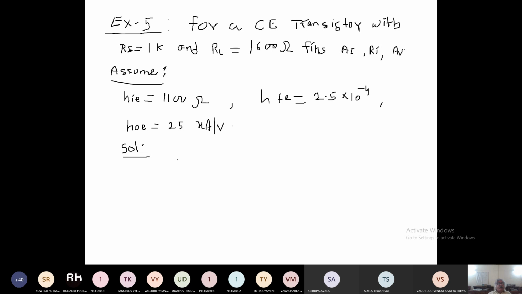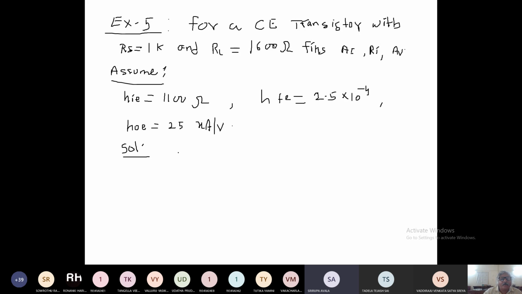Now you just calculate and tell me whether we shall go for exact or approximate. Sir, it is less than 0.1, sir.